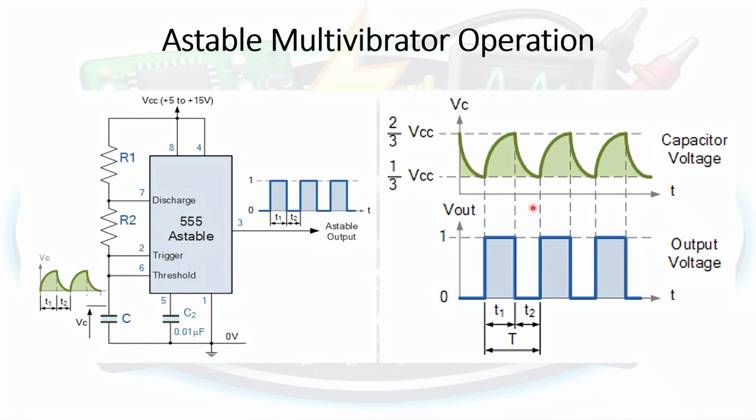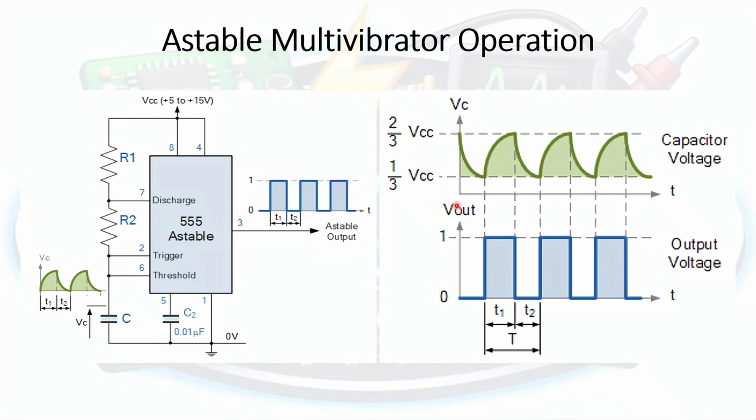As you can see in this diagram, once you turn on the circuit, the capacitor will start to charge. When the voltage on the capacitor reaches around 1/3 of the supply voltage, if you have a 15-volt source, that would be 5 volts. If you have a 5-volt source, that would be around 1.6, 1.7 volts.